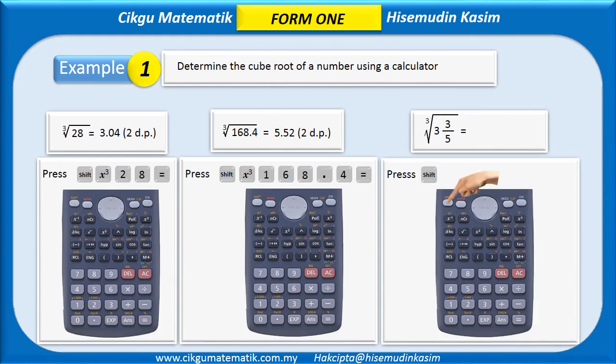Press Shift cube, 3, fraction, 5, equal: 1.53 to 2 decimal places.